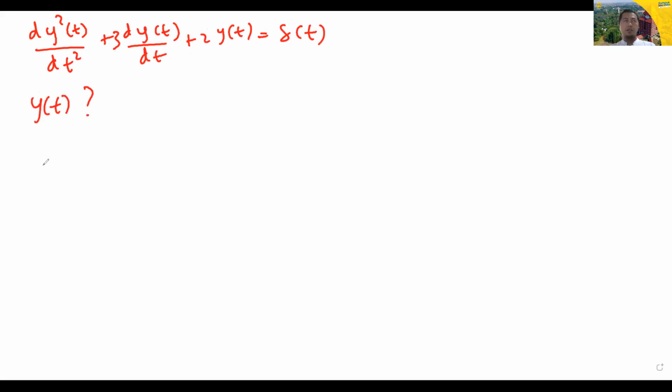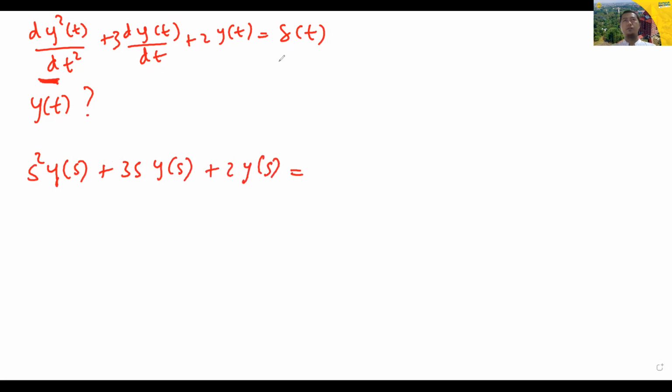You remember that for the first derivative in the Laplace transform, we just multiply by s. So in the first part, we can write it like this: s squared Y(s) plus 3s Y(s) plus 2 Y(s).